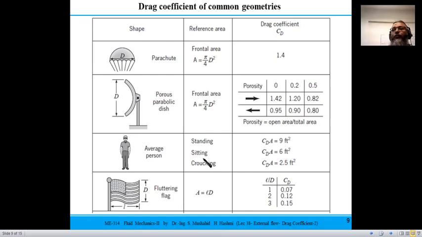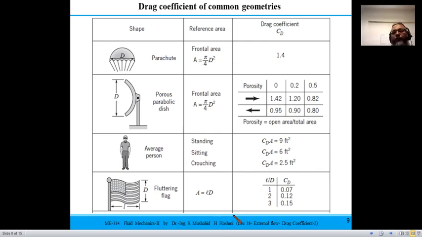In sitting position it is different because you have lesser drag and lesser frontal area. If you are in a crouching position, you further decrease the product of drag coefficient and the frontal area. So you are reducing the drag not just by changing the shape but also by changing the frontal area, because both are required in calculating this drag force.